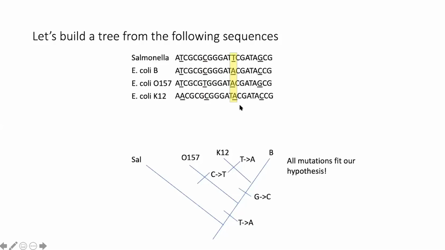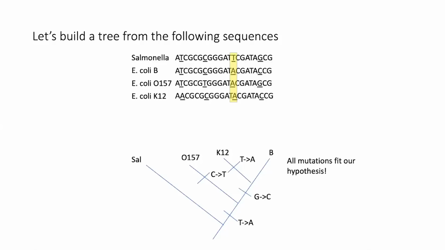Our last mutation says that all of these 3 strains have the same base in this ancestral state, while the outgroup has a T there. So there must be a change in this early part of the phylogenetic tree for a T to go to an A, and all of the descendants have an A there.